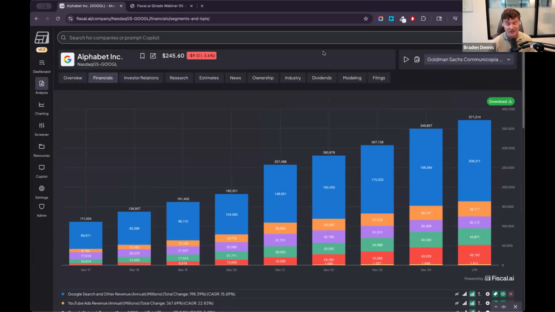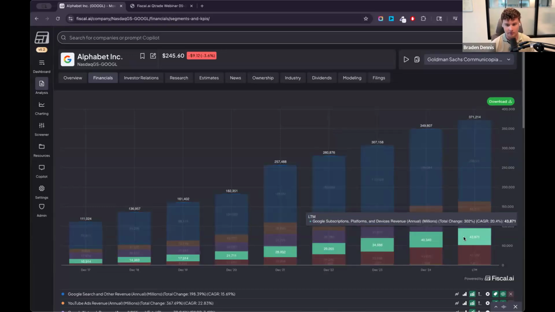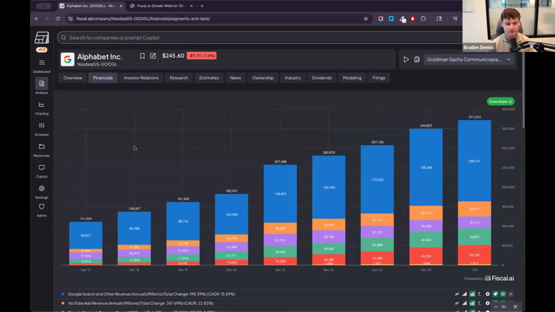Like Google search could be under attack, right? It's still growing, but I think people's habits are going to change aggressively, and they have to innovate themselves with the AI responses. So this is really helpful to see, okay, what does the rest of the business look like? What are the growth rates? And hopefully that answers your question, Nathan.